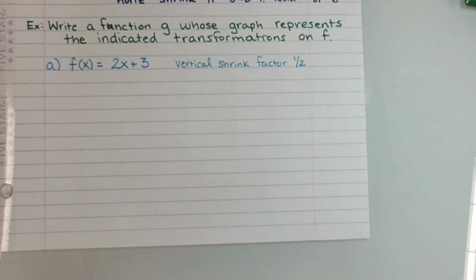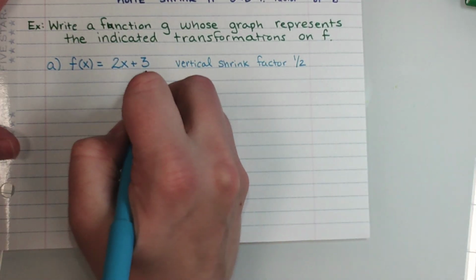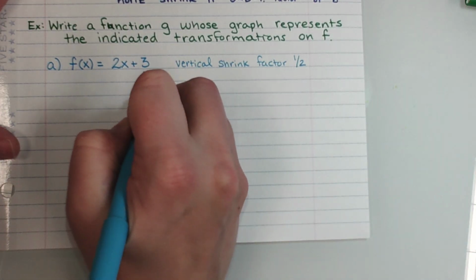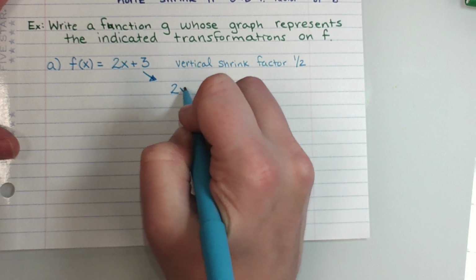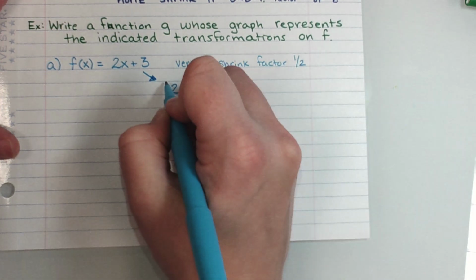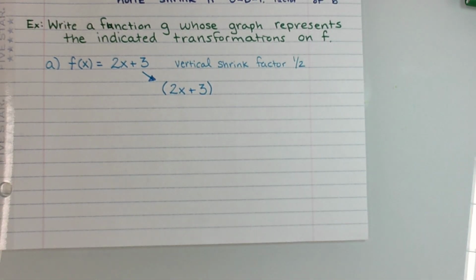So, when you do this, one of the things that can help you is to start by just simply taking that function, that 2x plus 3, put it in parentheses, and then as we're getting used to this, I'm then going to put little arrows to where A would be, where B would be, where H would be, and where K would be. It's not a required thing that you do this. The required thing is that you know where they would go.